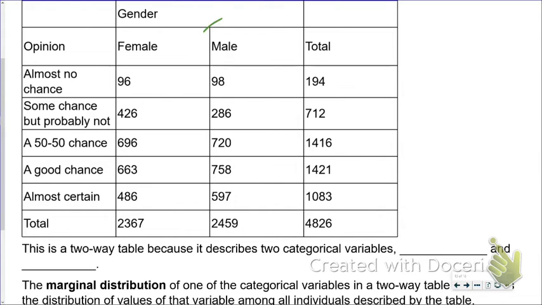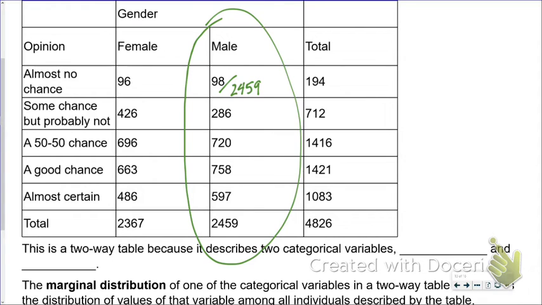I am only looking at the males right now based on that question, and I'm going to go 98 divided by 2459. And that's going to give me the almost proportion for males. Same for that one. There we go. Same for this one. So we'll write that all out. Conditional for males.